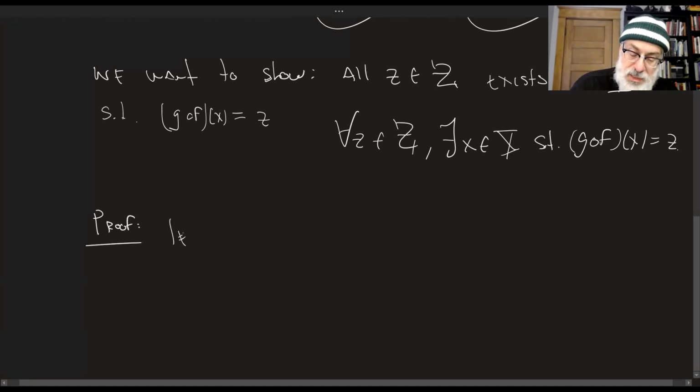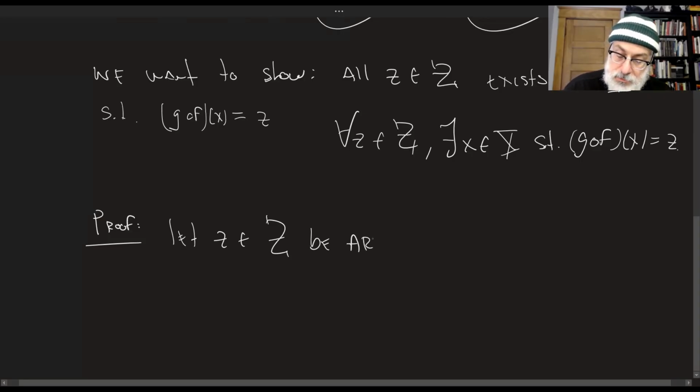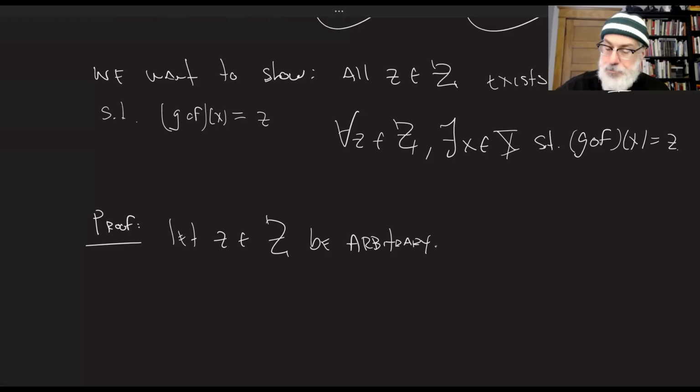So first thing we say is let z be an element in Z, and let's say this is arbitrary, meaning it's not a particular z, it's just some z in that set. And we know these sets aren't empty. We're going to assume that there's elements in these sets.